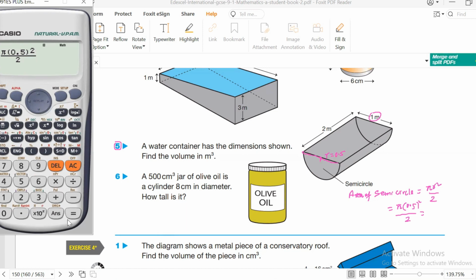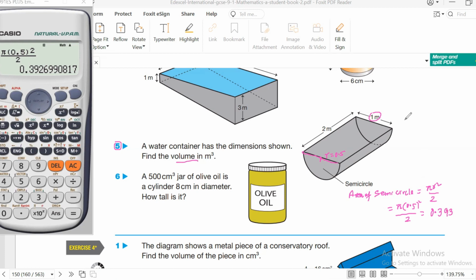That gives us 0.39. Three significant figures are enough, and we are looking for the volume.